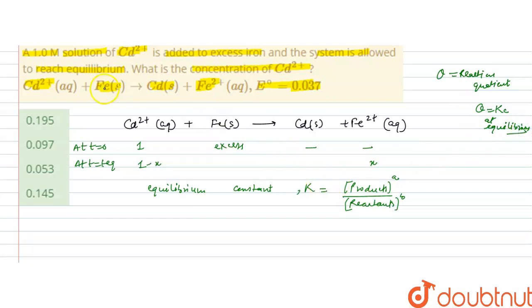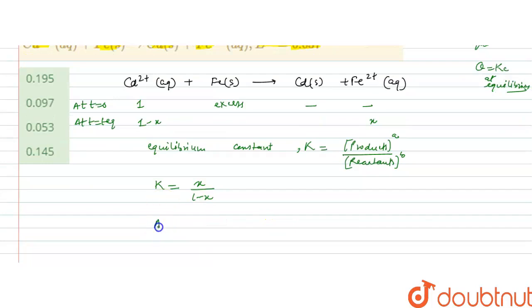Now we have to find the concentration of cadmium 2 positive at equilibrium. So the equilibrium constant will be the concentration of product, that is x, divided by the concentration of cadmium 2 positive, that is 1 minus x. Now at equilibrium the cell potential, E cell, is equal to 0.